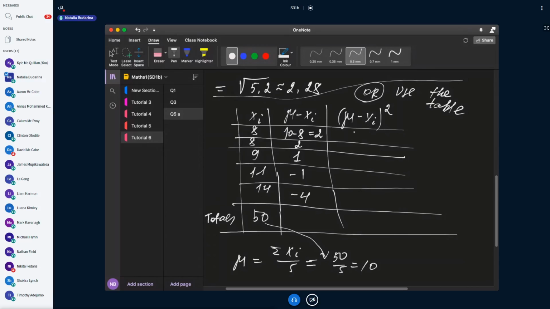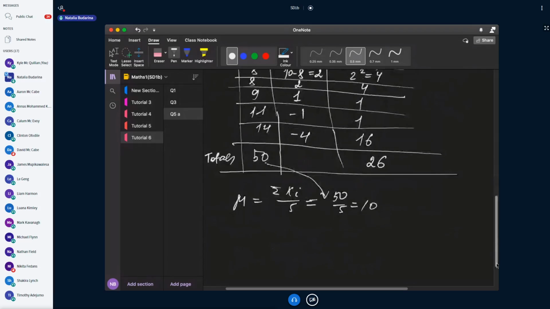And now square these numbers. 2 squared is 4, 4, 1, 1, and 16. And now find this sum. Okay, 4 and 4 is 8, 10, 26, if I'm right. 26.